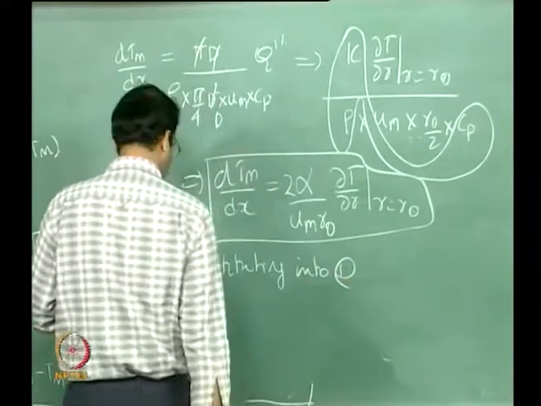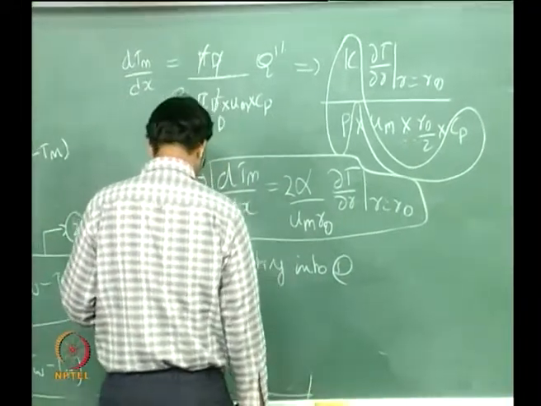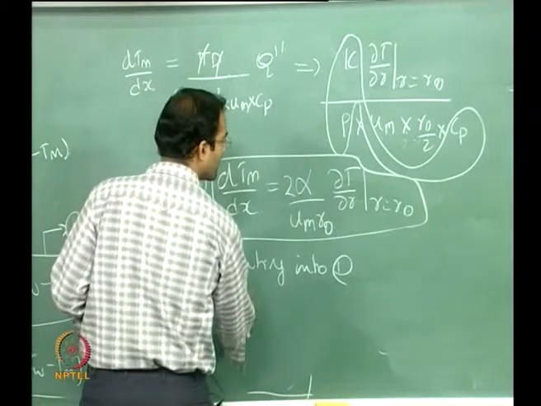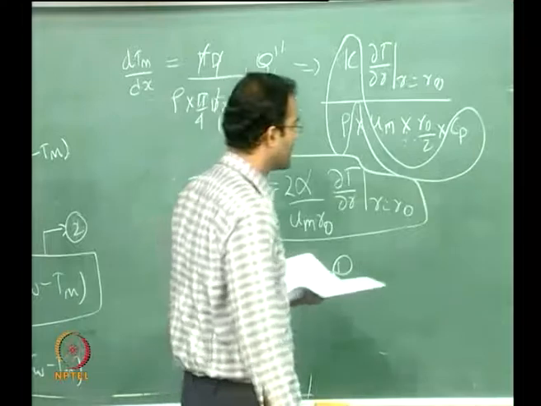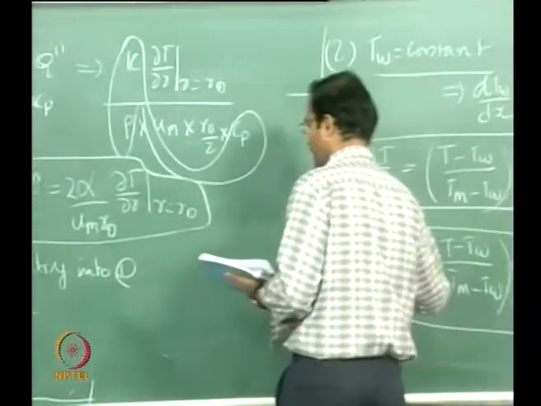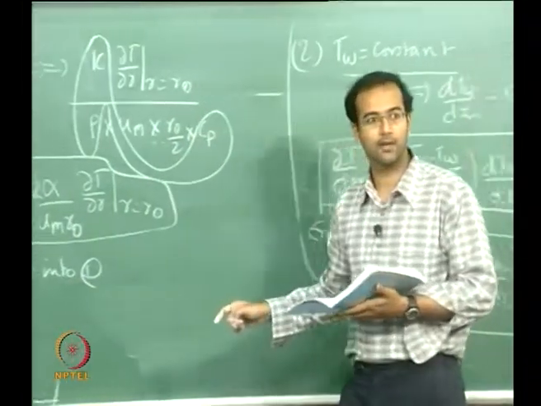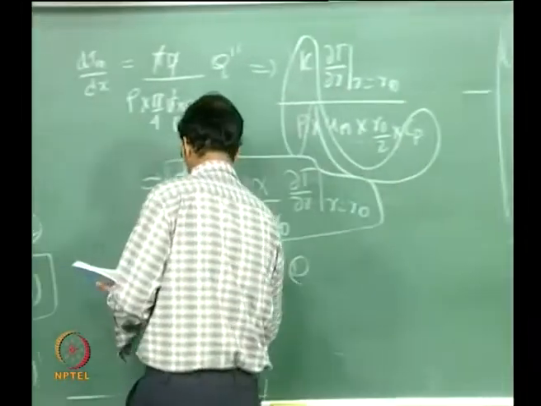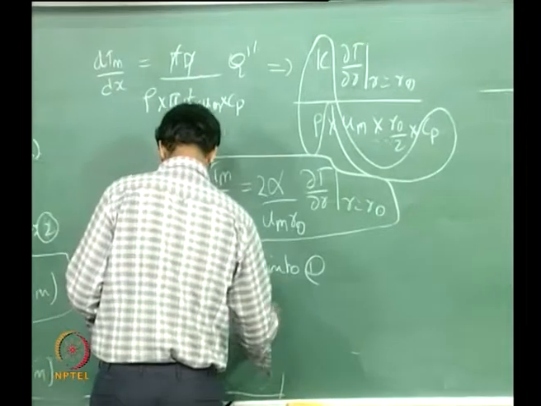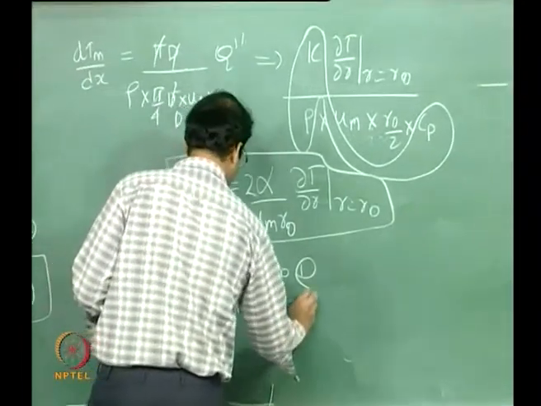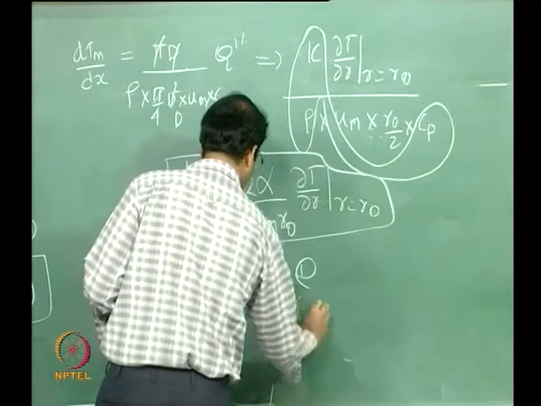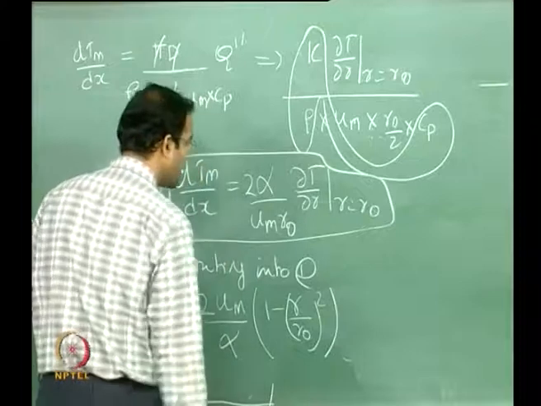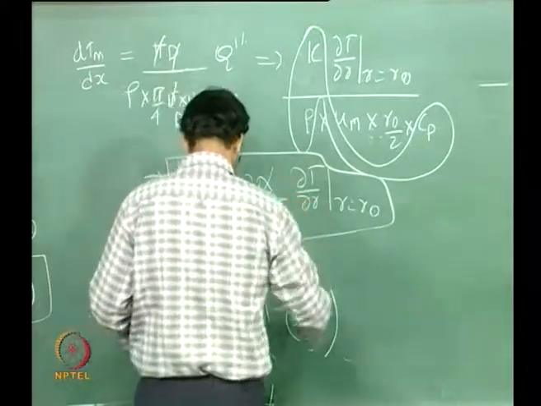into 1, of course on the right hand side you have the same. On the left hand side, I am going to substitute my fully developed velocity profile for u, so that will be twice um into 1 minus r by r naught the whole square, by alpha, and dTm by dx is substituted from here.